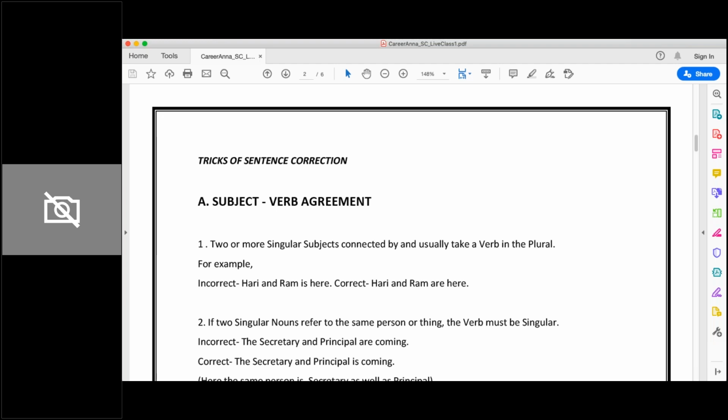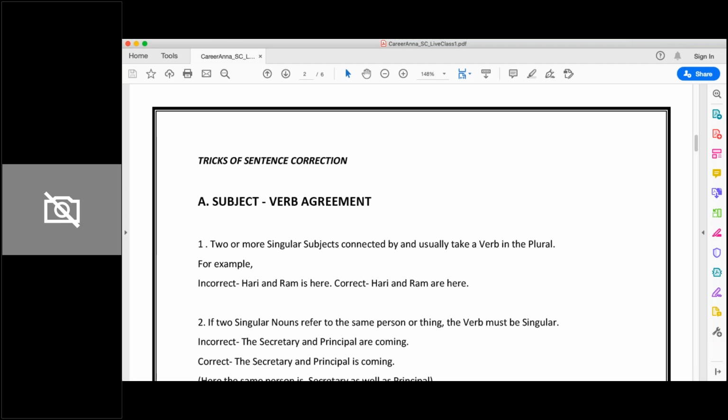So we will only study that part of grammar which helps me to solve sentence correction questions. Otherwise, grammar is a huge area. We could take 2 to 3 months to study grammar, but we are going to restrict it to the sentence correction perspective.